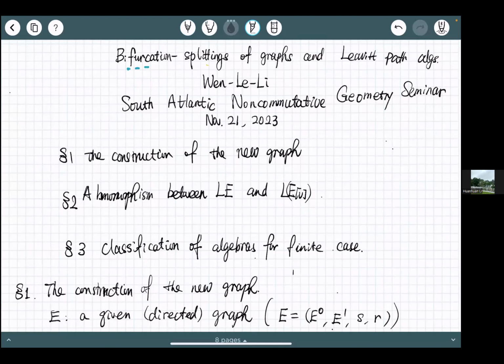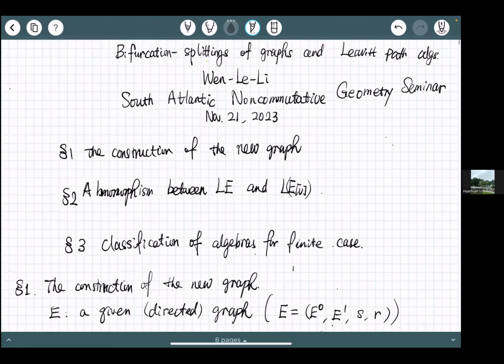Today, the title for my talk is Bifurcation-splittings of graphs and Leavitt algebras. Actually, this is a recent little result. This is a joint work with Wen, who is my master student, and Le, who is a teacher at the University of Science and Technology of China.